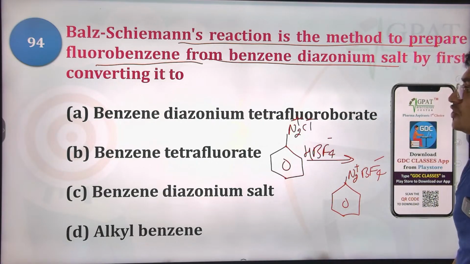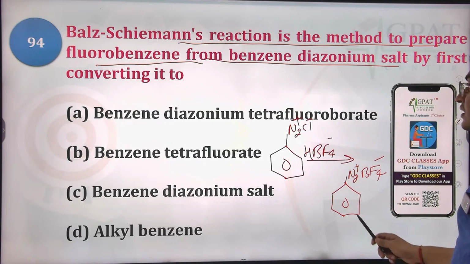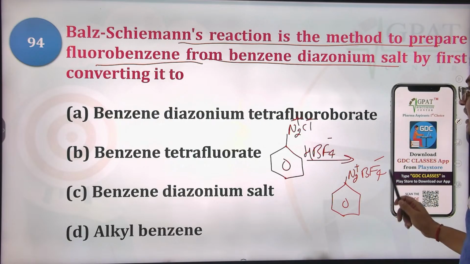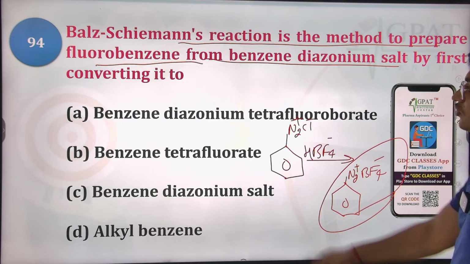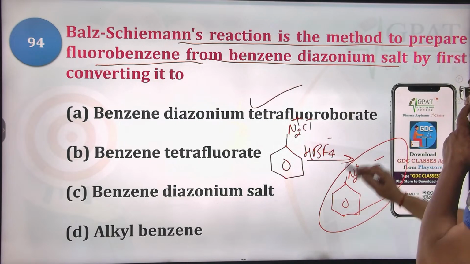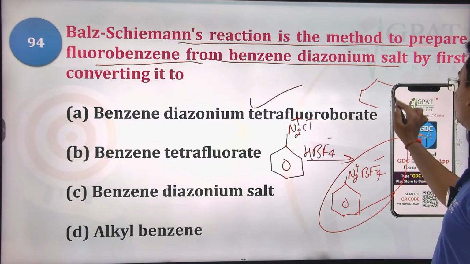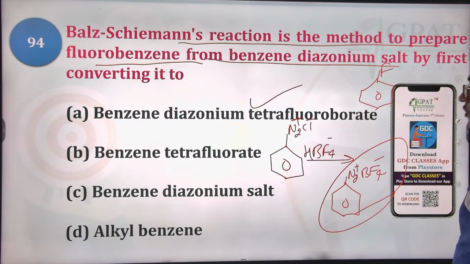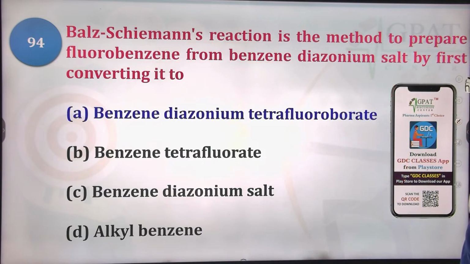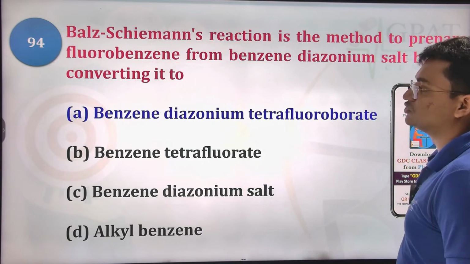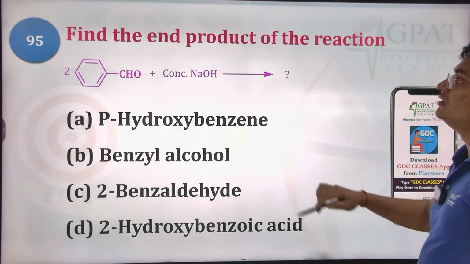So this is benzene diazonium tetrafluoroborate. This is the intermediate which gets converted directly into fluorobenzene. This is all about the Balz-Schiemann reaction, the formation of fluorobenzene from diazonium salt. A is the right answer.